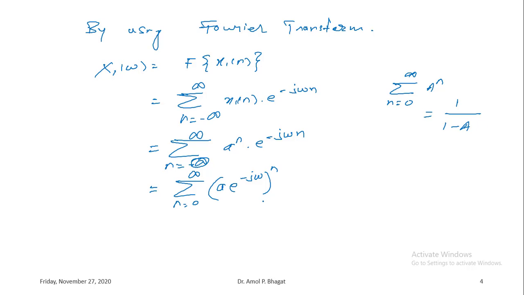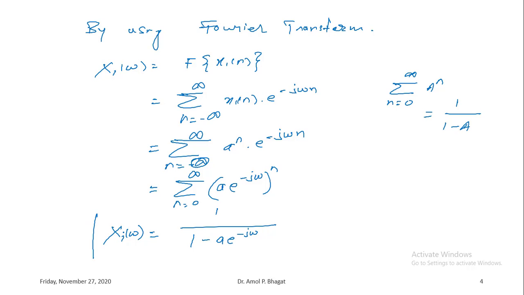So here we can simply write it as 1 upon 1 minus a into e to the power minus j omega, okay, which will be your x1 of omega, right?